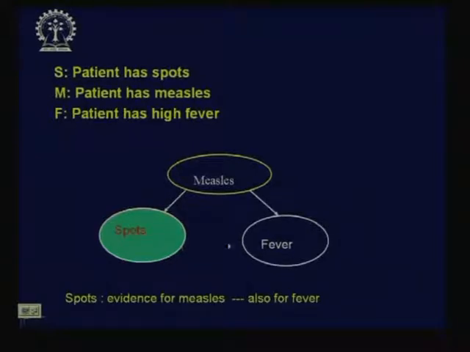There is no direct causality here, but the causality comes in an indirect way, because if somebody has spots then he or she may have measles, and if he or she has measles, he may have fever. So this evidence is also serving as evidence for fever.